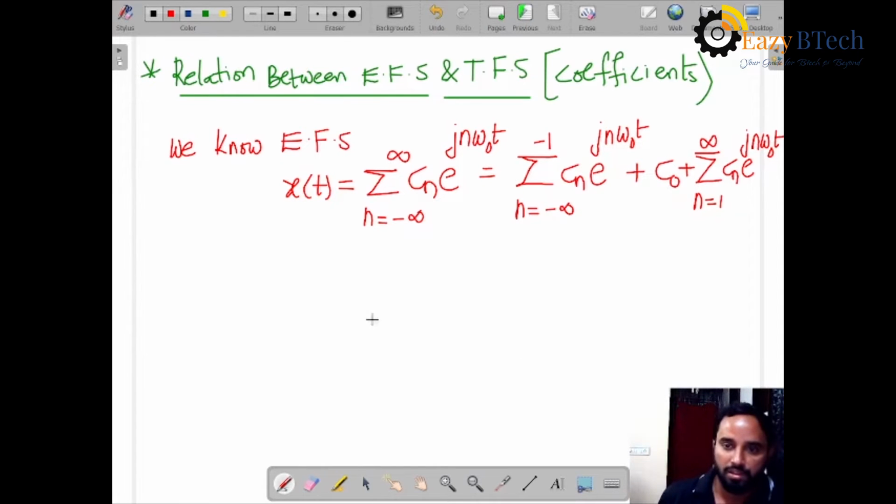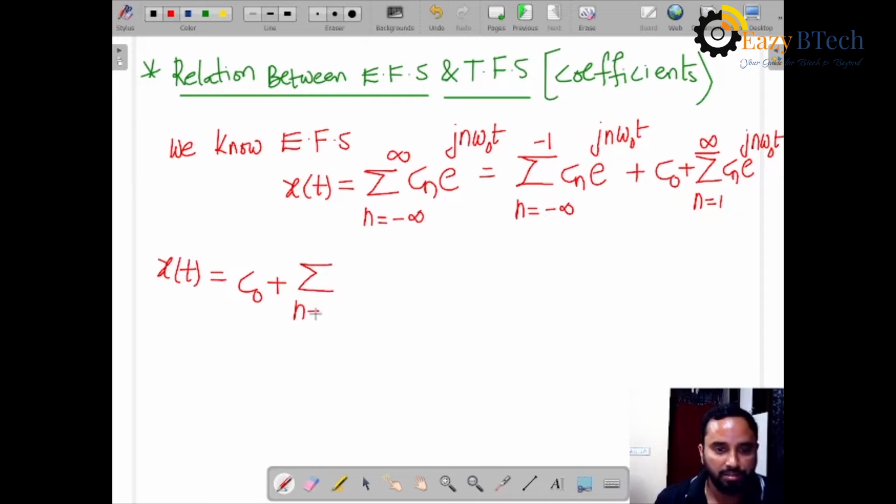Now what I am going to do: this x of t I am writing with C naught separately, plus, here n is minus infinite to minus 1, I am making it 1 to infinity.